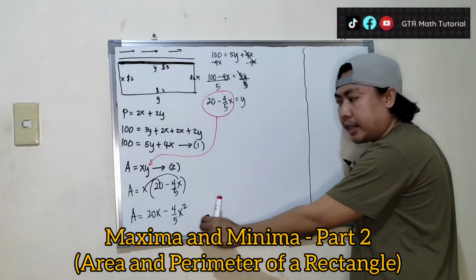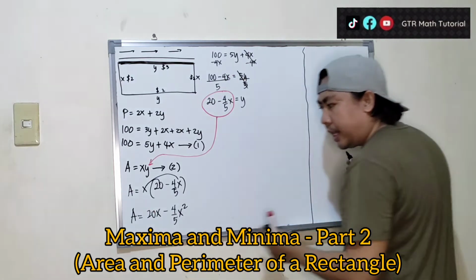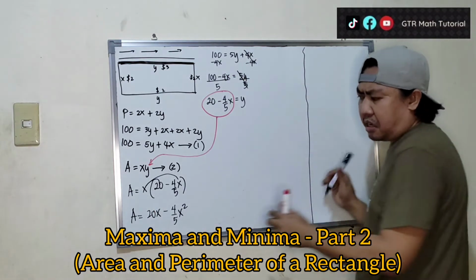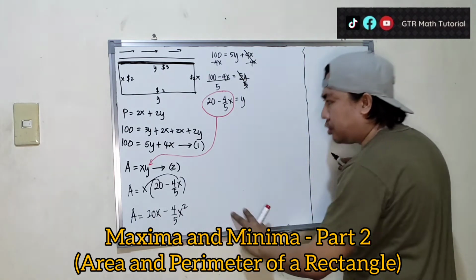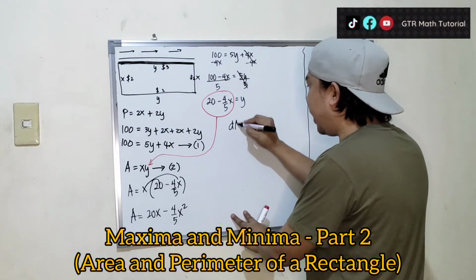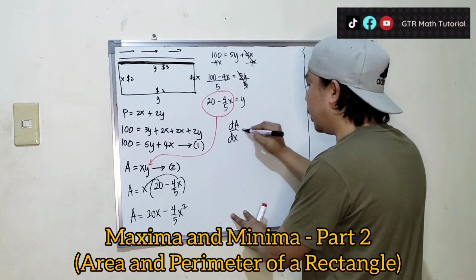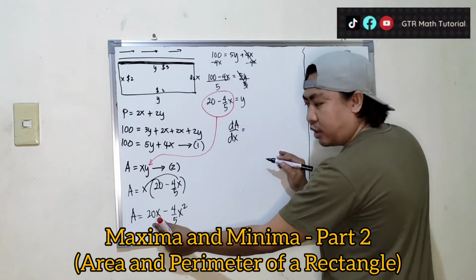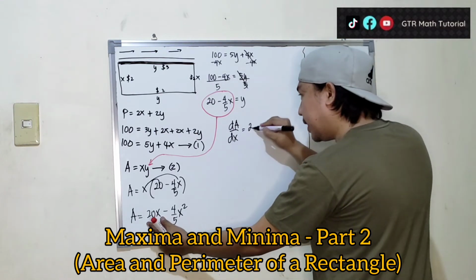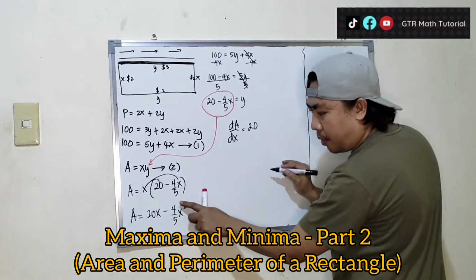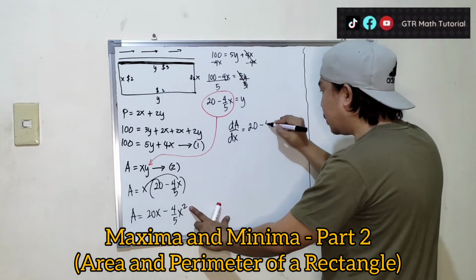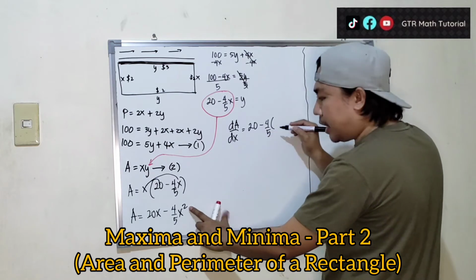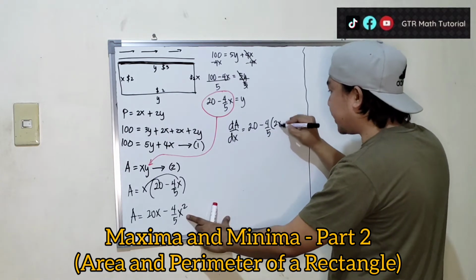Now we differentiate, get the derivative with respect to x. We can just apply the power rule. The derivative of the area with respect to x: the derivative of 20x is just 20. The derivative of 4 over 5 x squared, using the power rule, is minus 4/5 times the derivative of x squared, which is 2x.